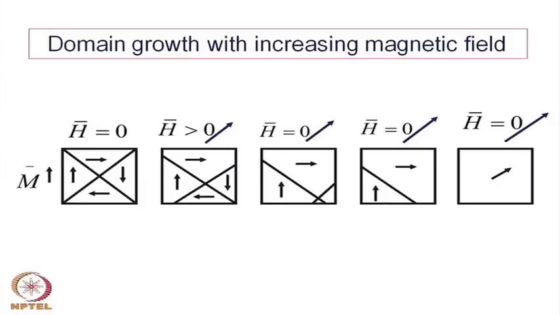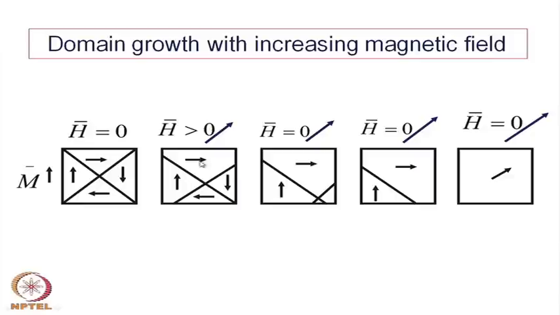We have also seen that while we are plotting the hysteresis loop or hysteresis curve by applying a magnetic field slowly, the domain wall moves. For example, if you are starting with a combination of 4 domains, it is changing, taking into consideration that the applied field is in this direction. So, whichever is the preferred orientation, that will grow.